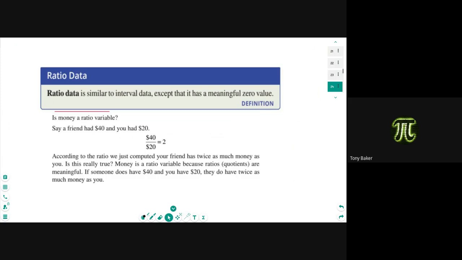So ratio is anything we can divide, and that has some meaning. Okay, so in this case, is money ratio. If you said your friend has $40, you have $20, that means your friend has twice as much money. That gives you some information. Okay, so ratio is that extra step to it.